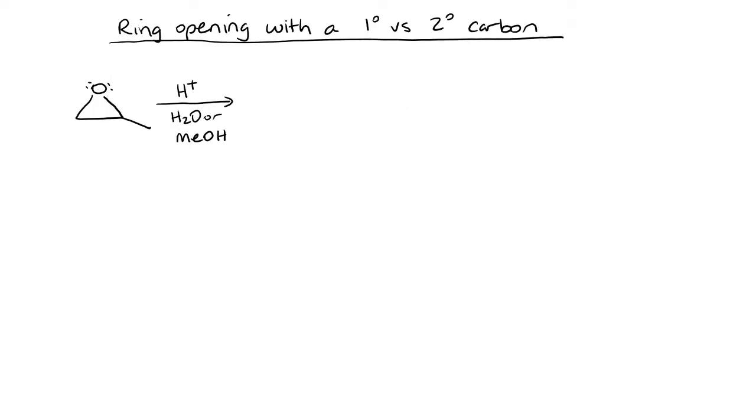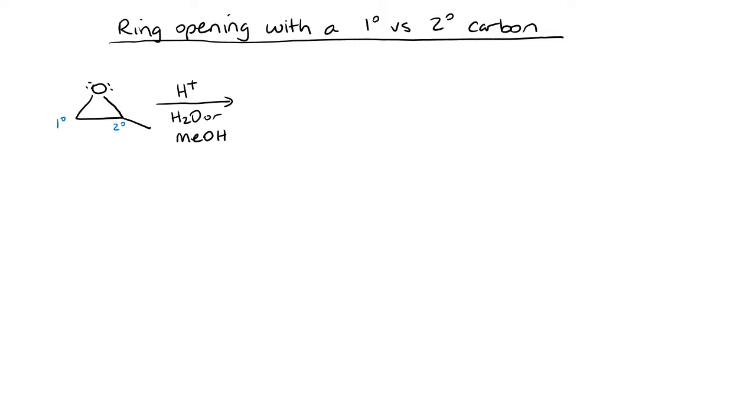Now let's take a look at the same acid-catalyzed ring opening when we're dealing with an epoxide that contains a primary versus a secondary carbon. So in this example here, we have a carbon attached to one other carbon, so that's going to make it primary. Then we have a carbon attached to 2 other carbons, so that'll make it secondary.